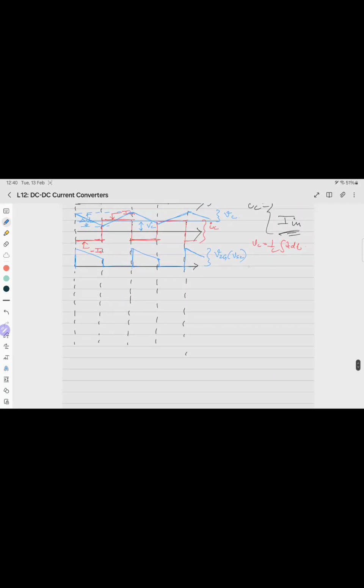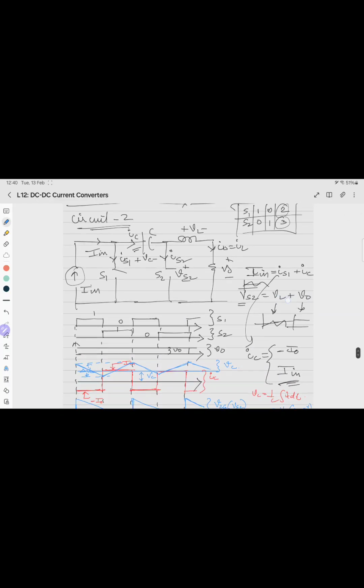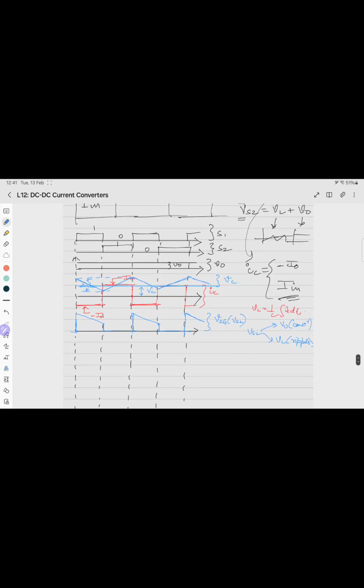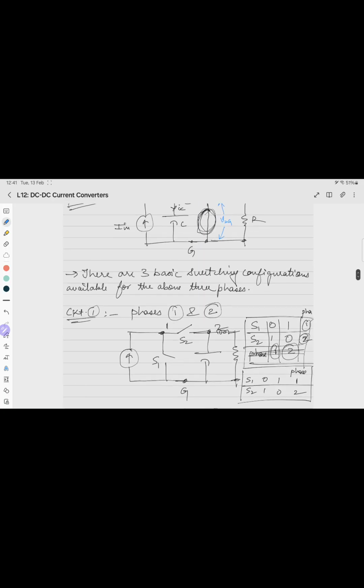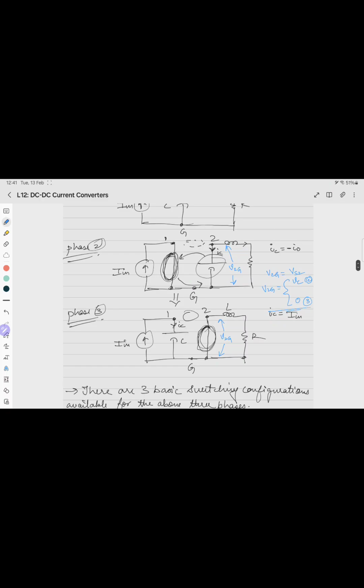Out of VS2, for V0 it is constant. For VL, the ripple goes. So we can easily draw VL. This is VS2. Now we can draw IS2 also. What is IS2? IC and I naught.